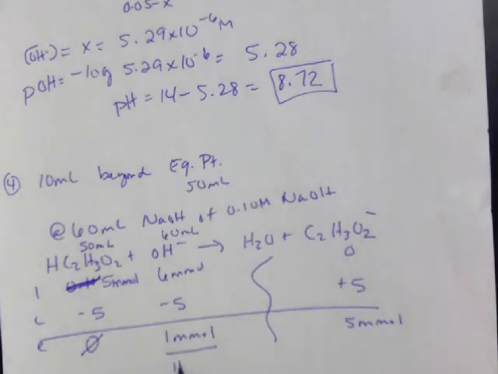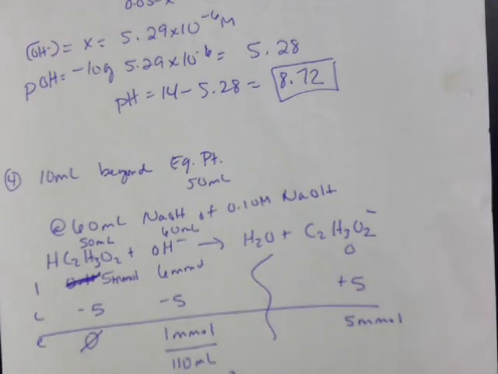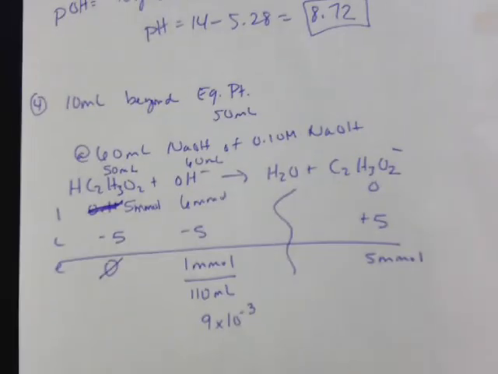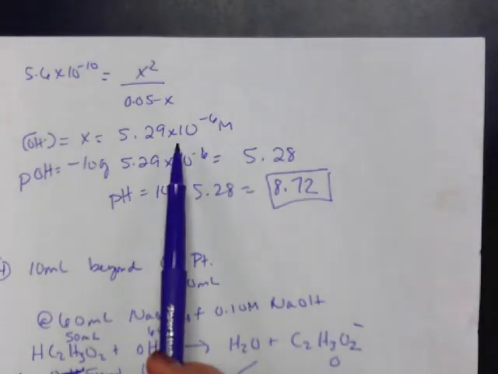So this is a total of 110 milliliters. And so the concentration of the OH here is 9 times 10 to the minus 3 molar, which is far more concentrated than what dissociated out of the conjugate base.